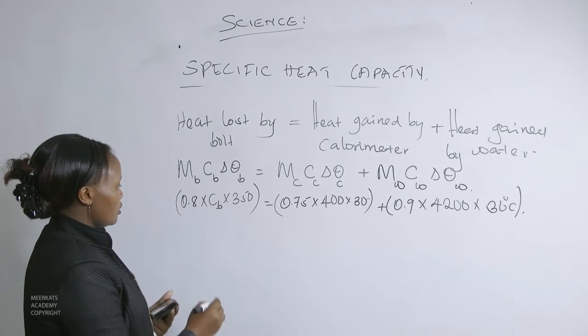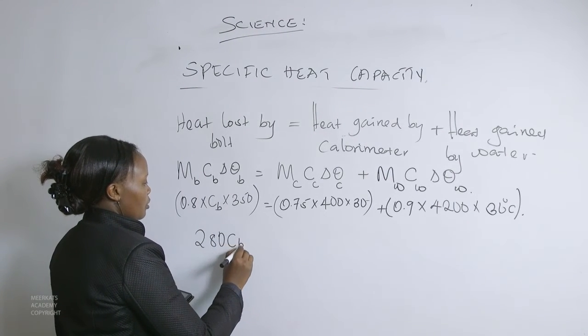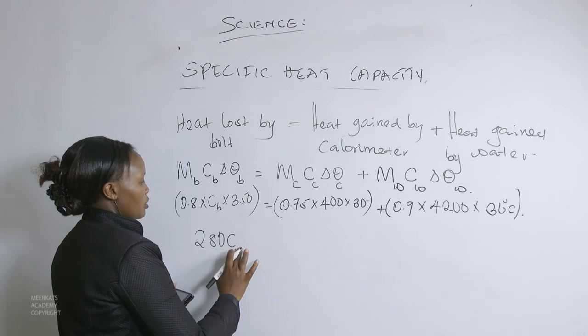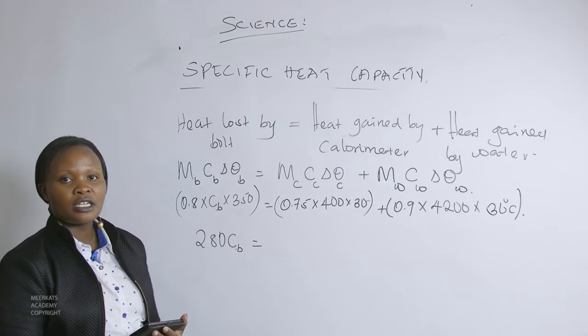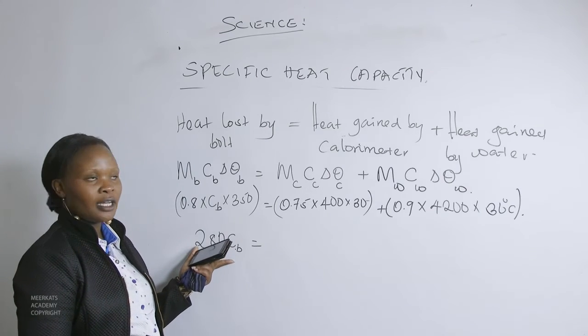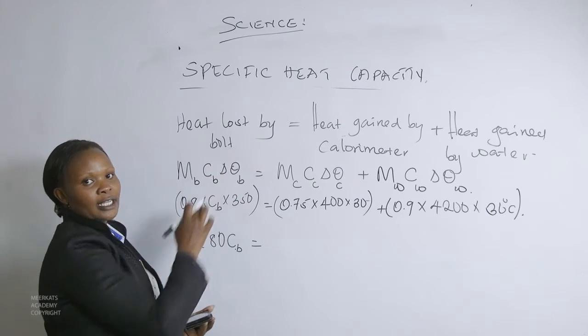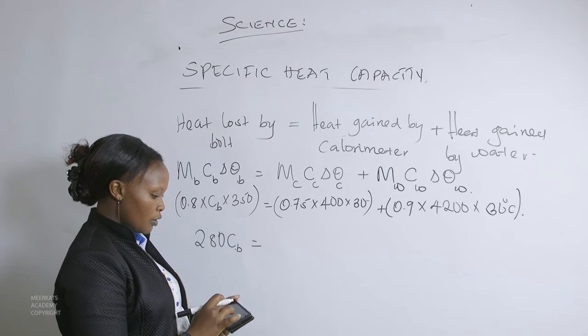The left hand side gives us 280 C_B. C subscript B stands for our specific heat capacity of the bolt on the left hand side, which is the loss side.